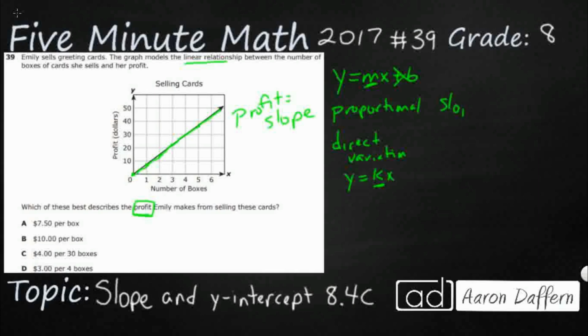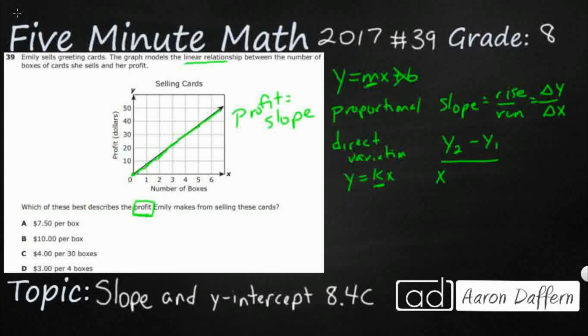Slope, whether you're looking at the slope-intercept form or direct variation, is always calculated as rise over run, so that's your change in y over your change in x. So this means we need to find 2 y coordinates, subtract them, and that's our numerator.